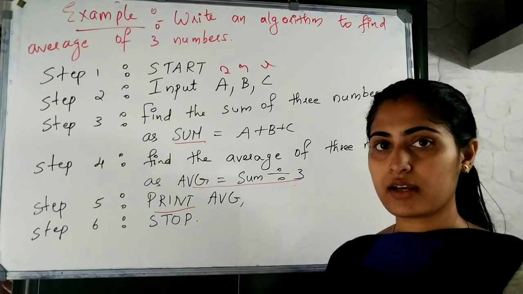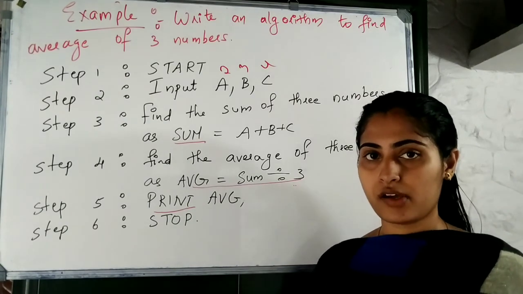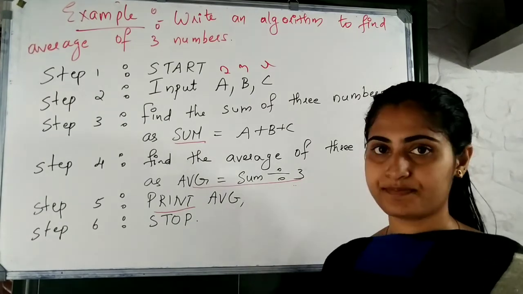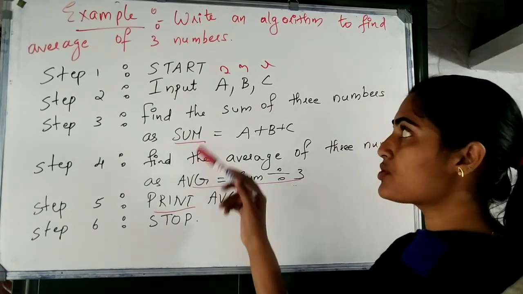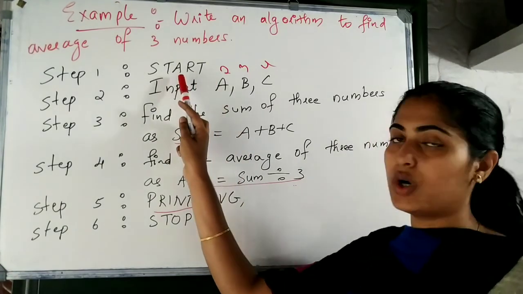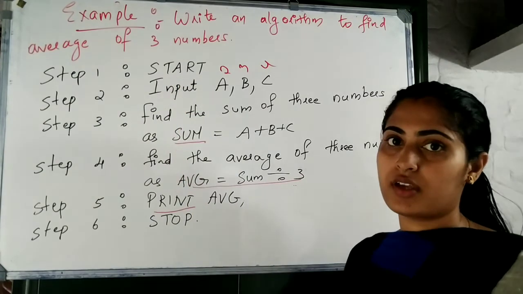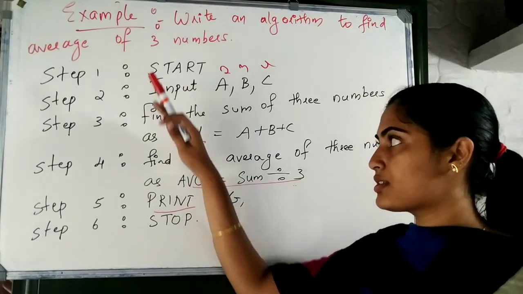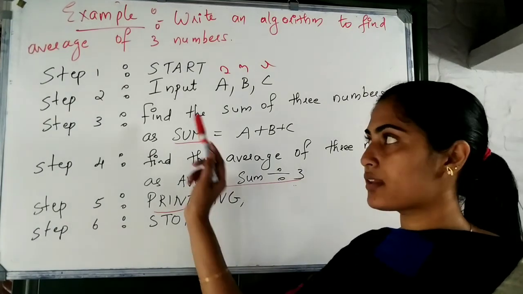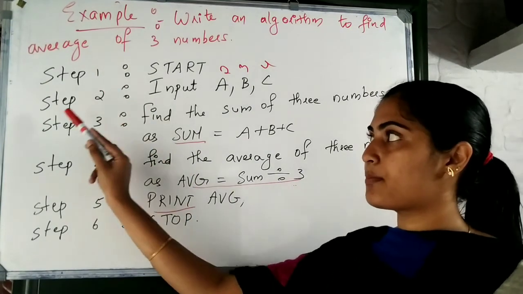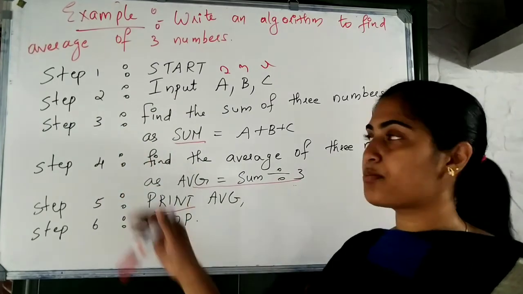Your algorithm should always end or terminate with the word stop. So once again, your algorithm should begin with the word start, and each step should be written in a separate line and numbered, like step number 1, step number 2, step number 3. This is mandatory.